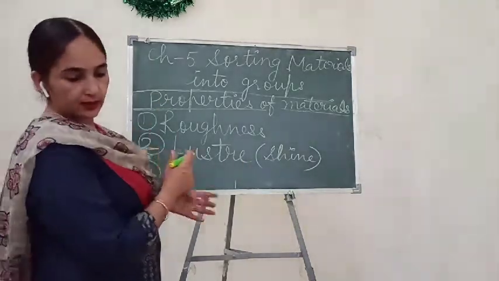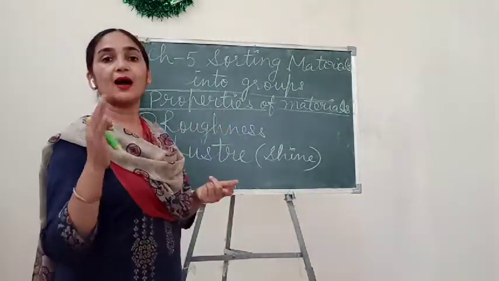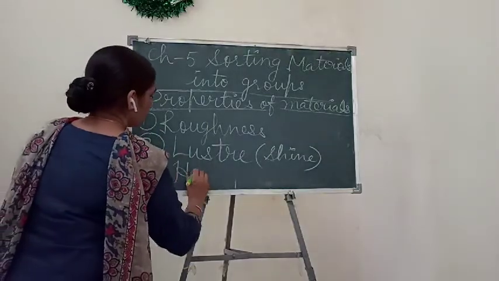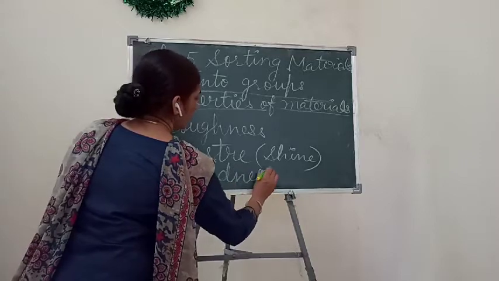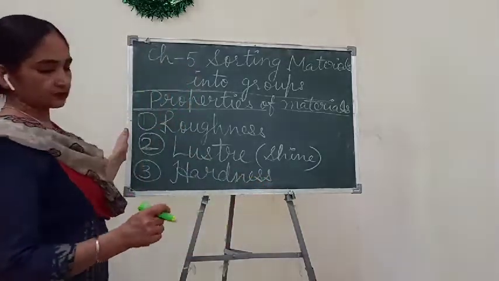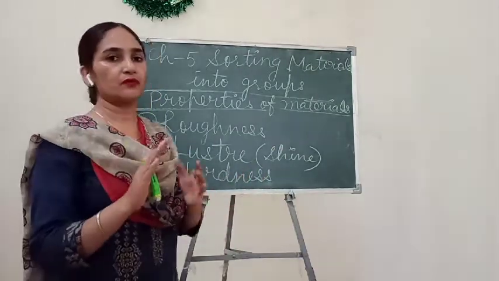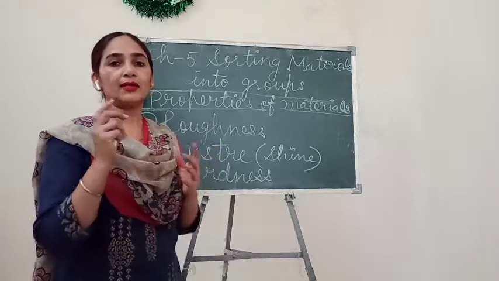Now the third property of materials is hardness. Children, if we talk about hardness, then in your book a very interesting example is given about the diamond.